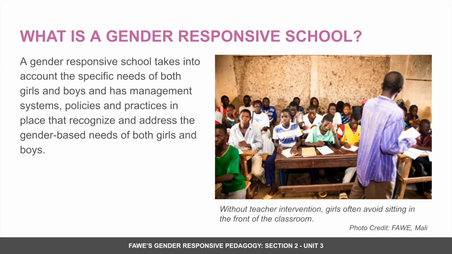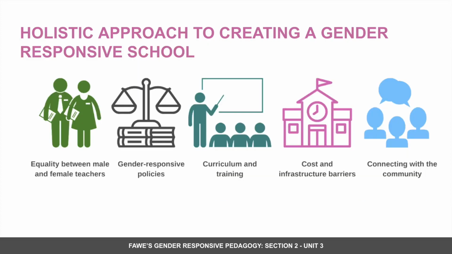A gender-responsive school takes into account the specific needs of both girls and boys and has management systems, policies, and practices in place that recognize and address the gender-based needs of both girls and boys. A holistic approach to creating a gender-responsive school ensures you cover all relevant aspects of the system.